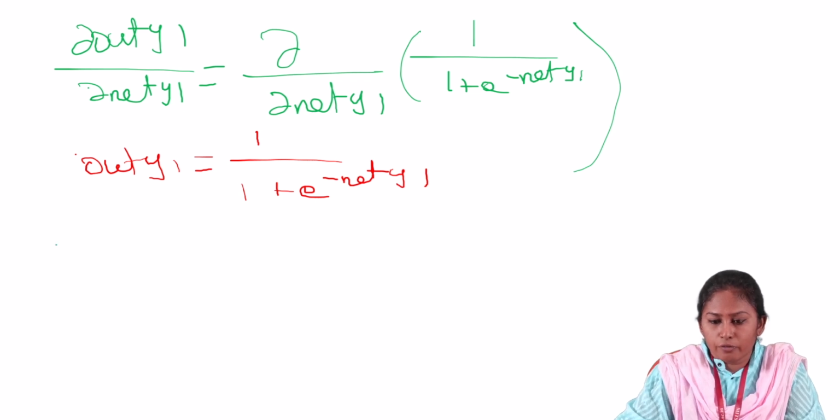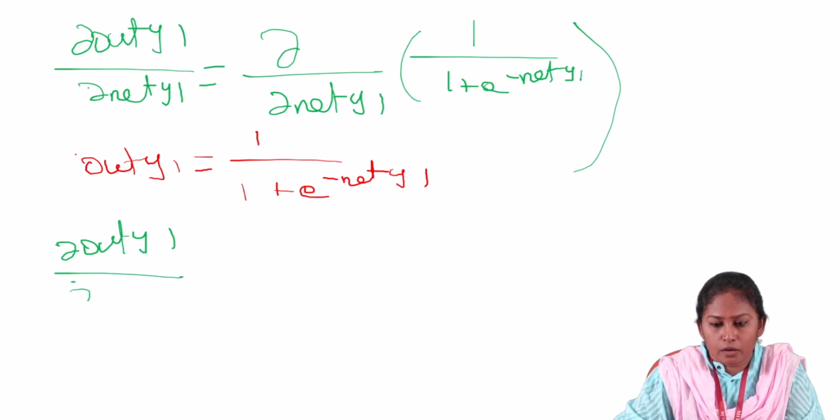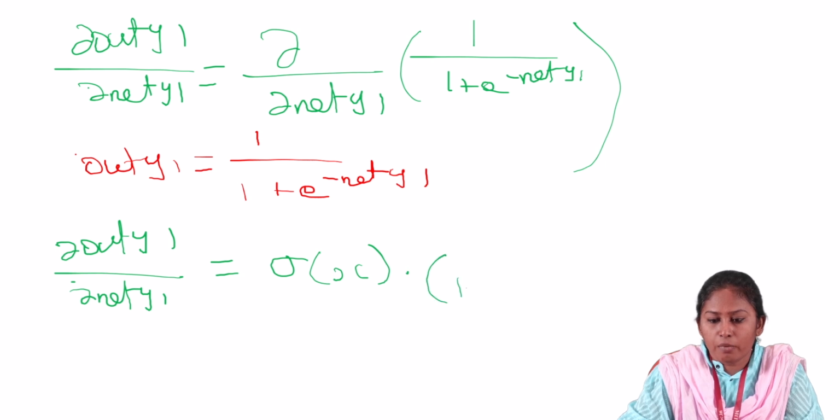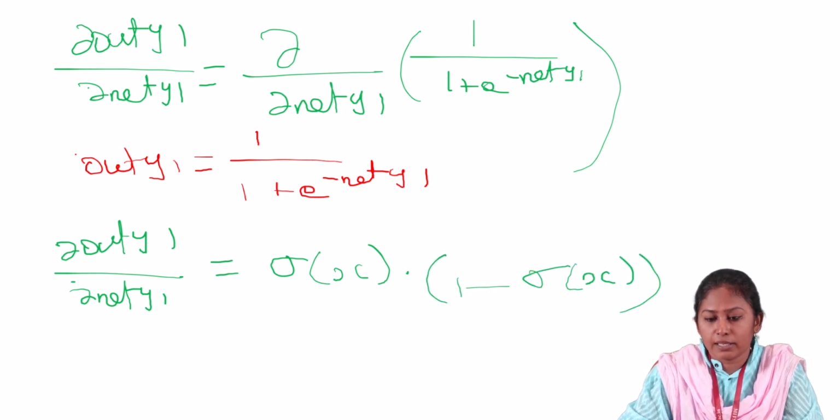Now, when I am going to do this differentiation, first we have to understand the mathematical rule. I can write this as y1, which is nothing but the sigmoid function, which can actually be written as the sigmoid function dot 1 minus sigma x, which is also the sigmoid function.